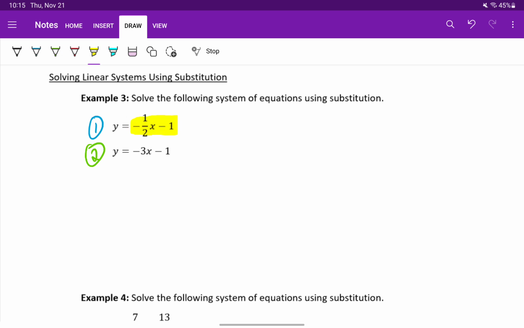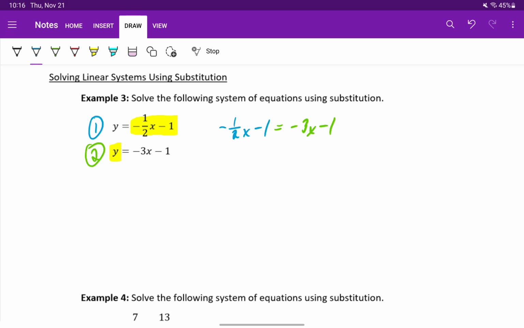We know that y has to equal negative 1/2 x minus 1. We're going to substitute that expression into our value for y in the second equation. That will give us negative 1/2 x minus 1 is equal to negative 3x minus 1.